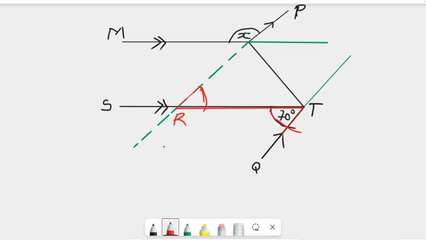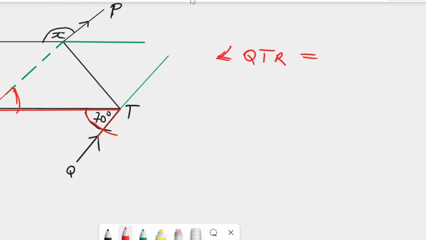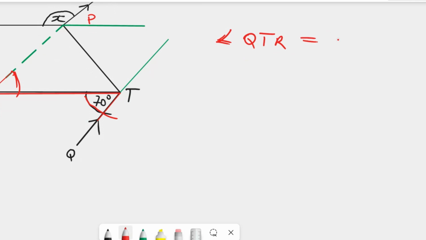So I can say that angle QTR is equal to angle PRT, and that is equal to 70 degrees. The reason is that they are alternate angles.